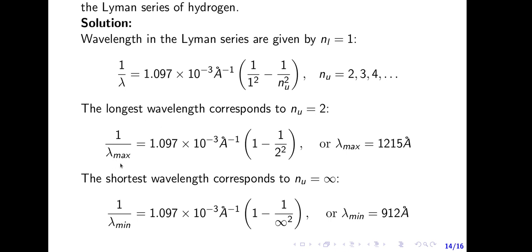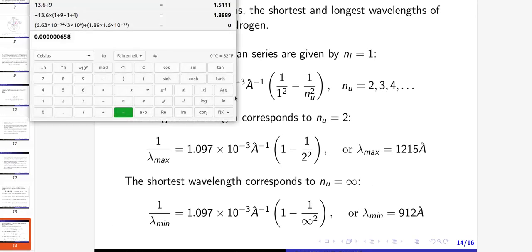So you have 1 over lambda maximum equals R, which is 1.097 times 10 to the power minus 3 per angstrom, times 1 minus 1 over 2 squared. So that will be 1 minus 1 over 4.